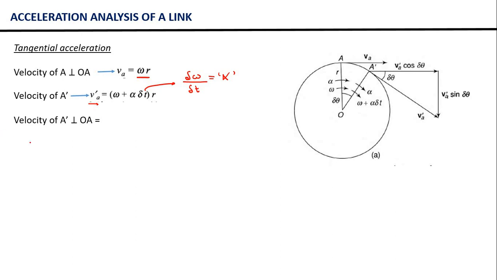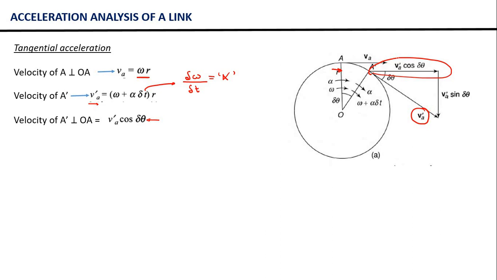Now the velocity of A prime perpendicular to OA will be given by VA prime cos delta theta. So this is the component along the horizontal direction which is perpendicular to this length OA. Now we can resolve this VA prime vector along the horizontal and vertical directions.